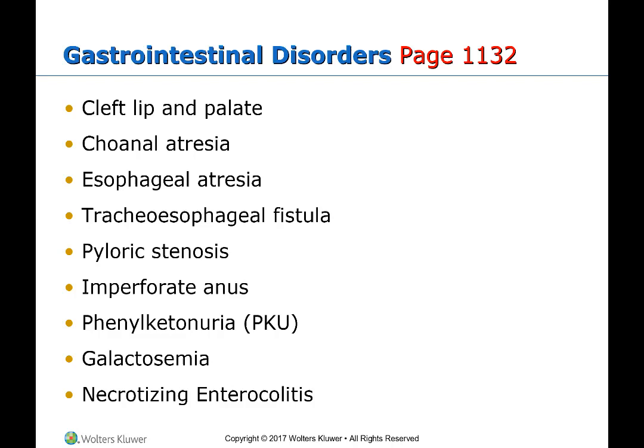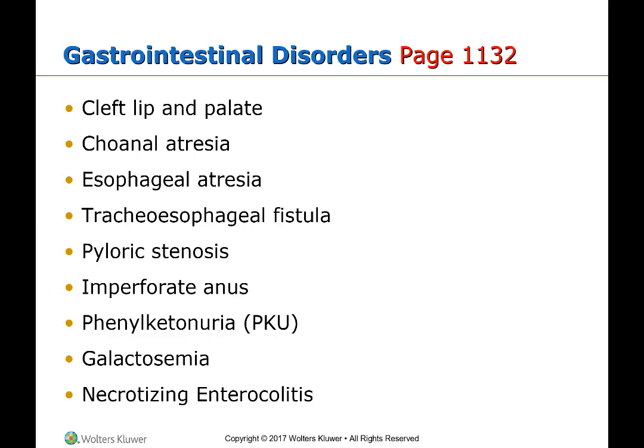Yes, they need to do something immediately. So when an esophageal atresia is accompanied by a tracheal fistula, it's called a tracheoesophageal fistula. The food, or the formula, is going into the lungs. So the baby would suffocate if it wasn't taken care of immediately.